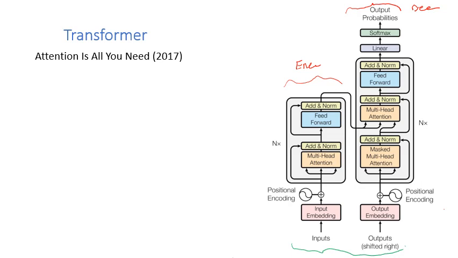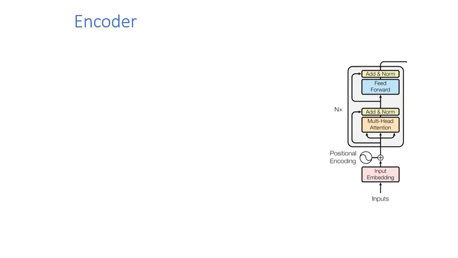So let's look at each part separately. The encoder, the first part. The encoder has different components, but the most important components here are this layer, which is self-attention, and this one, which is a feed-forward neural network.